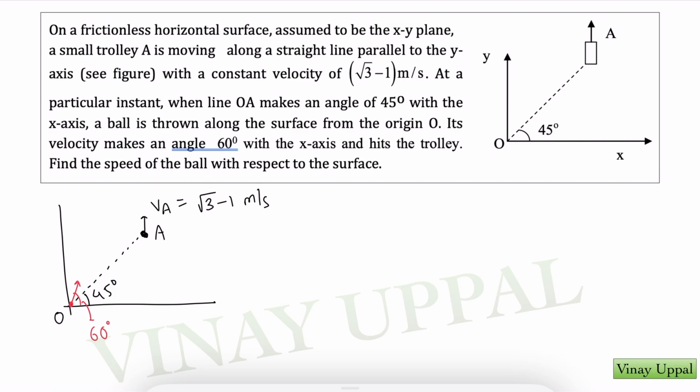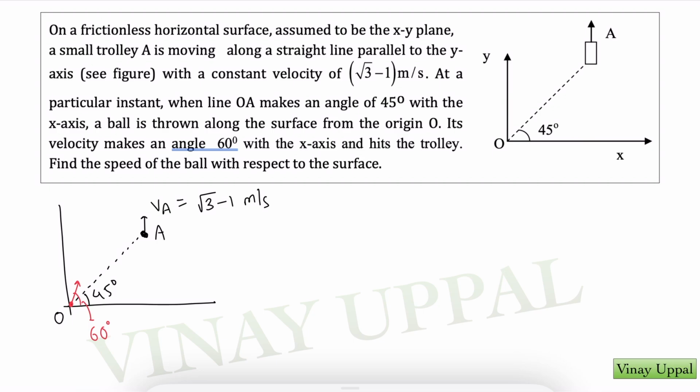This ball that is thrown at 60 degrees will eventually collide with the trolley. The trolley is also continuously moving. Now in order to solve this question, it will be best to go in the frame of A, because in the frame of A, A becomes stationary, and therefore you will know exactly the angle that the ball makes with the x-axis. The ball will have to travel along this dotted line.